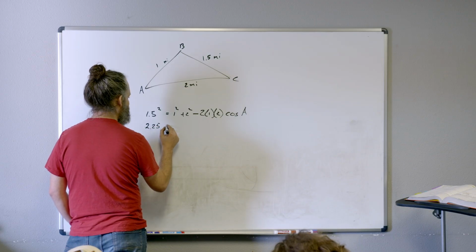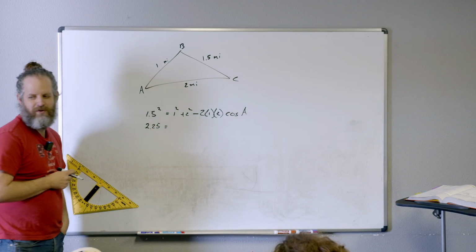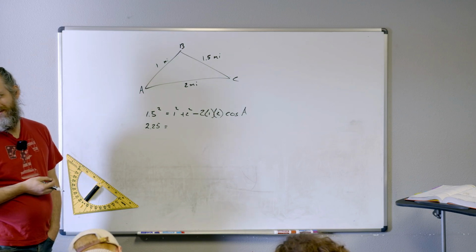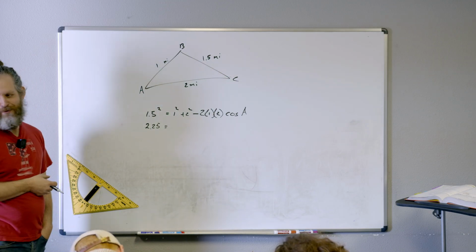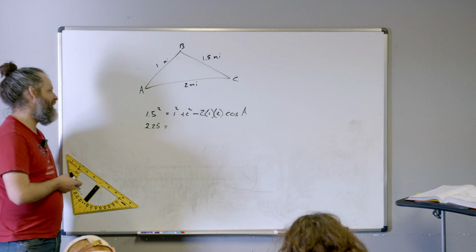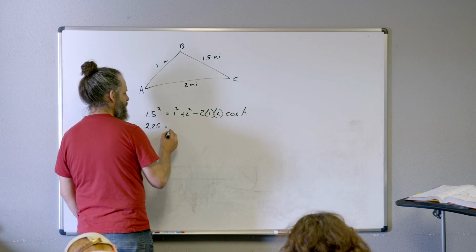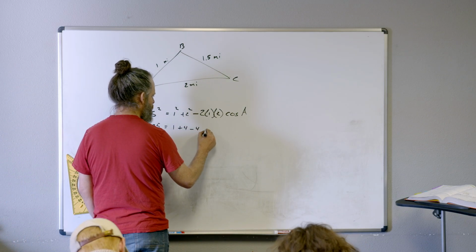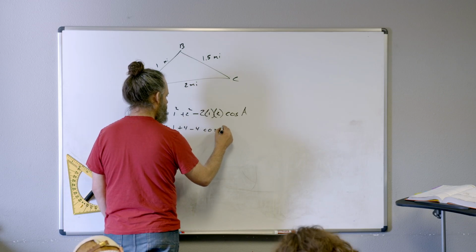Those are much easier to do in your head than switching to an improper fraction, 3/2 squared being 9/4. Equals 1 plus 4 minus 4 times the cosine of A.